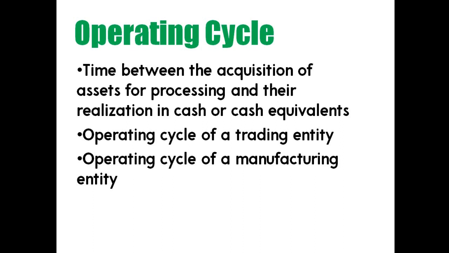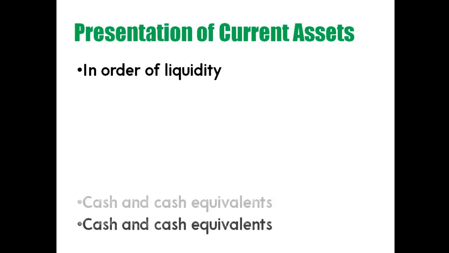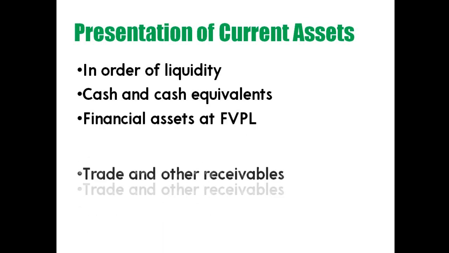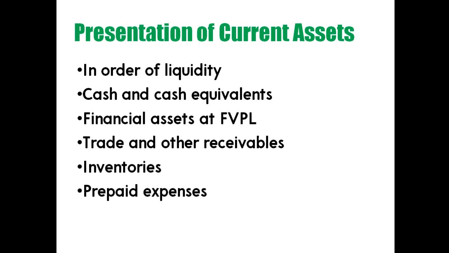Okay. Next, we have presentation of current assets. So, alam naman natin na kaya si cash ang una is because in order of liquidity. Easily convertible into cash. Cash na siya. Then, you have financial assets at FVPL, trade and other receivables, inventories, prepaid expenses.